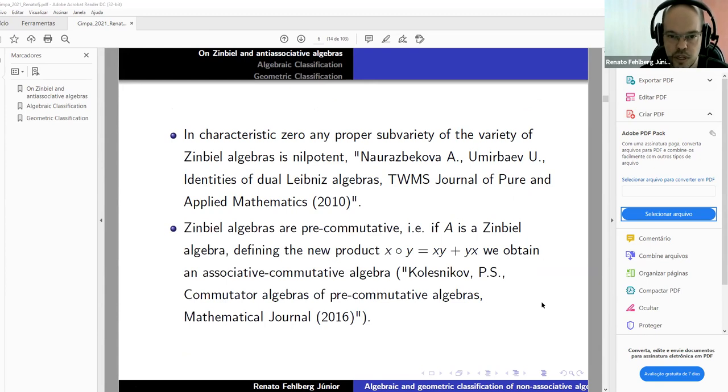And Zinbiel algebras are also pre-commutative. That is, if you consider a new product, this new product here, you will obtain an associative commutative algebra.